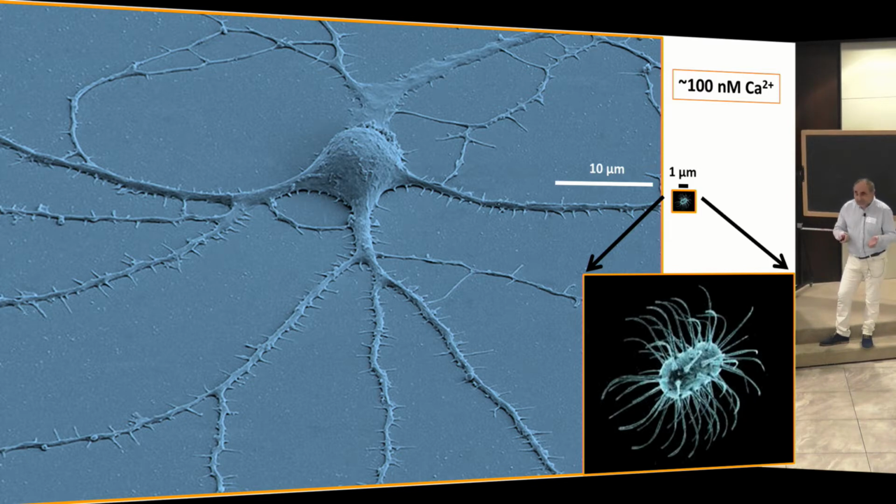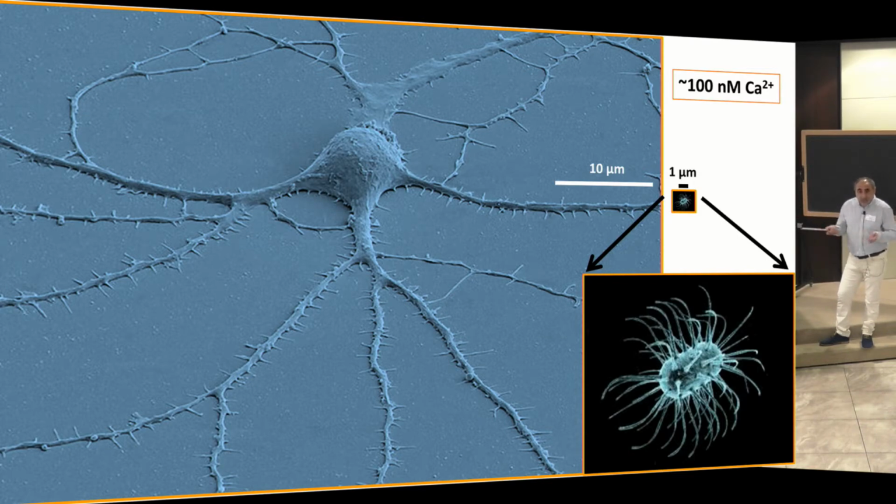What happens later on? Then we come to this big cell, which is huge. And in this case, controlling calcium is very, very difficult because of the volume. If you compare the surface to volume ratio, there will be a huge difference, as I will show later. The volume of this cell can be several thousands of cubic micrometers, while here it's just one cubic micrometer, maybe 2, but not much.